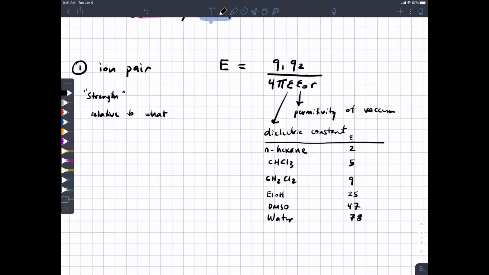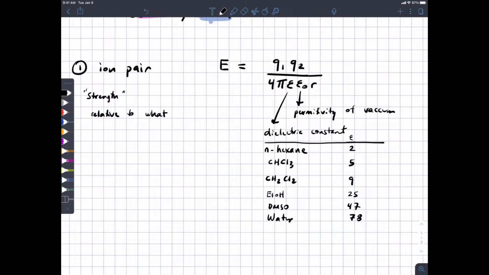Well, who's right? Well, both of us are. The people coming out of Gen Chem are probably thinking of ions relative to being separated infinitely in a vacuum, whereas organic chemists and biochemists are thinking, well, relative to being surrounded by water, no big deal, right? Okay, questions about that?